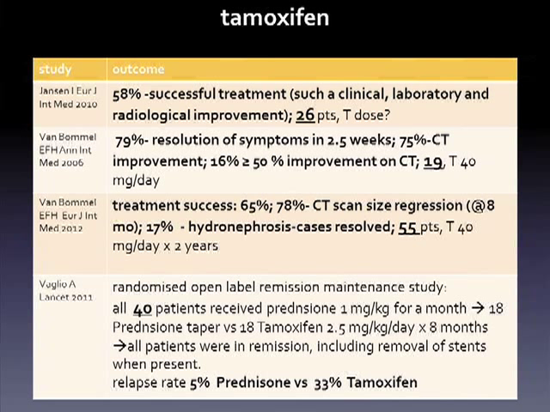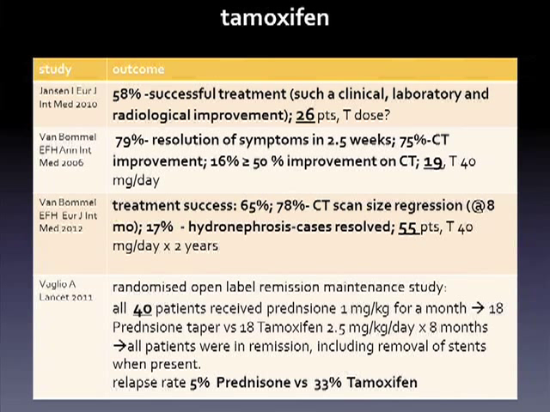Tamoxifen is interesting because there are several studies that looked at it without glucocorticoids. So in a way, it offers us a different kind of approach than the usual approach to chronic autoimmune inflammatory diseases. But again, the literature is poor, and while there are case series, as you see, 26 patients, 19 patients, 55 patients that report improvement with tamoxifen, the kind of improvement they describe is not very standardized.